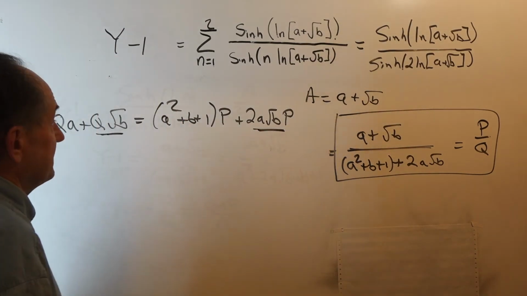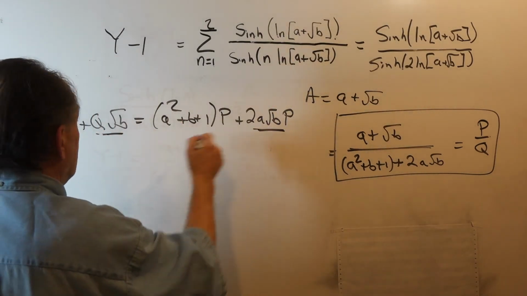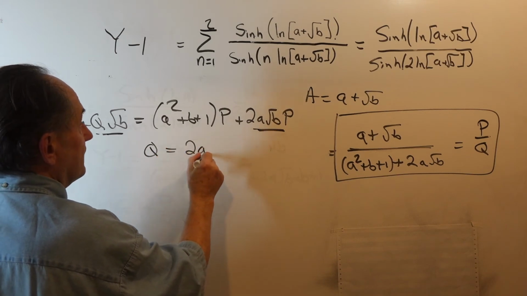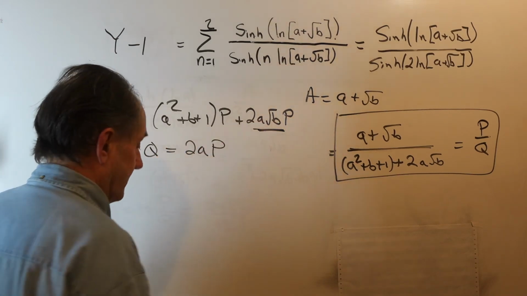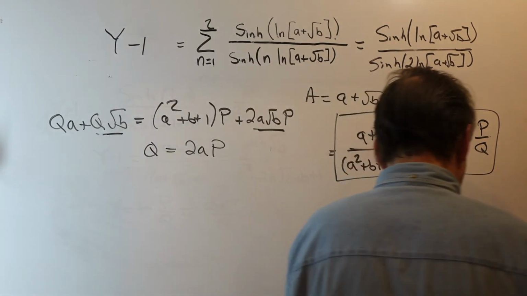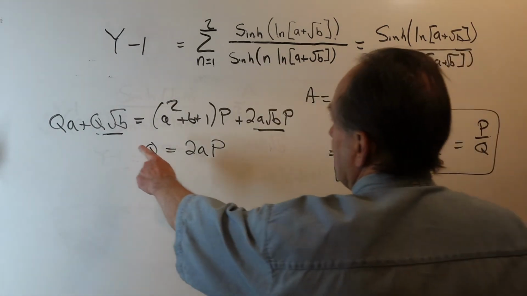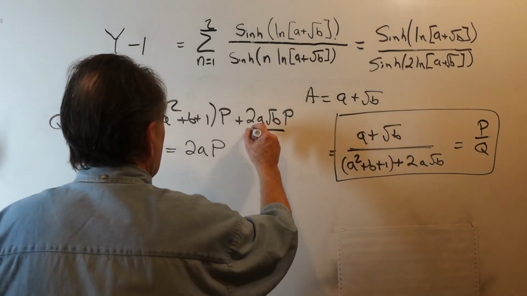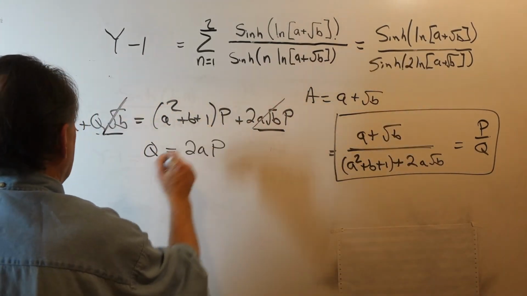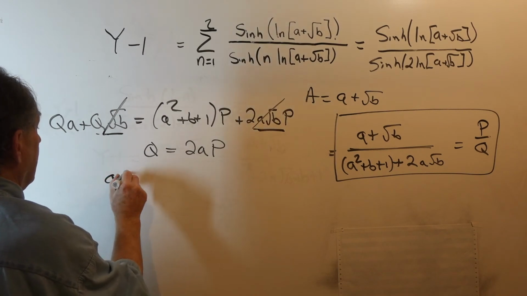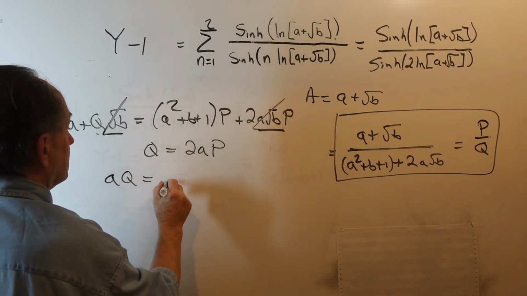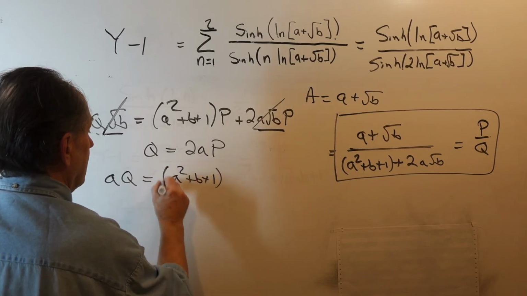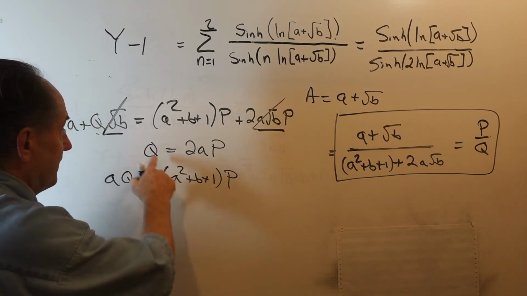So this gives a condition that q is going to have to be equal to 2ap. That is a requirement. If q is equal to 2ap, then these cancel, and we're left with a times q equals a squared plus b plus 1 times p, with this condition.